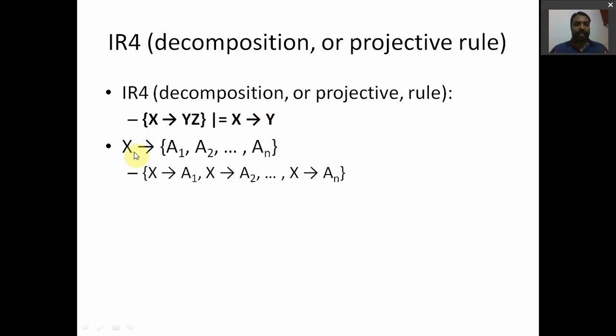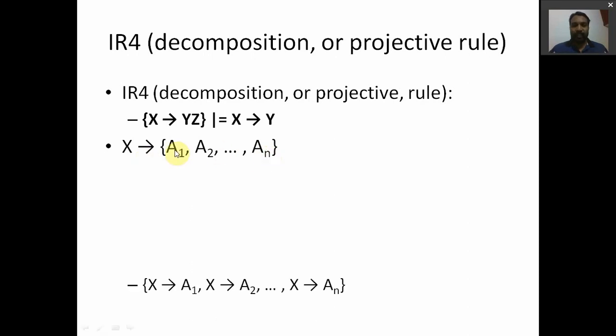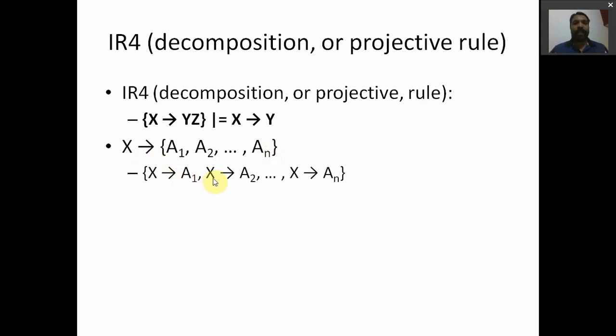For example, if there is a functional dependency x to a1, a2, etc., an, so it is a set of attributes, then we can infer x to a1, x to a2, x to a3, like that, x to an. So this is decomposition. We can decompose this into x to y and x to z.